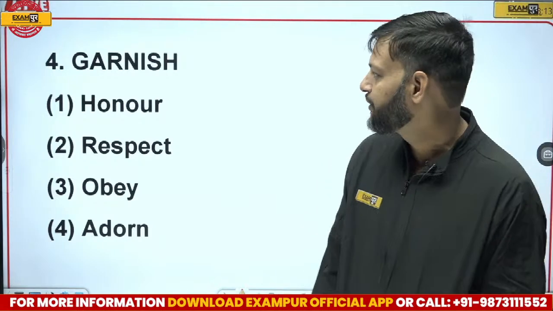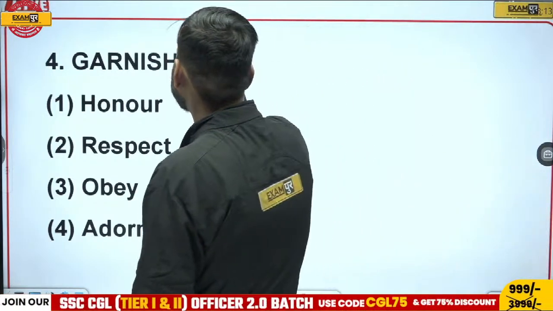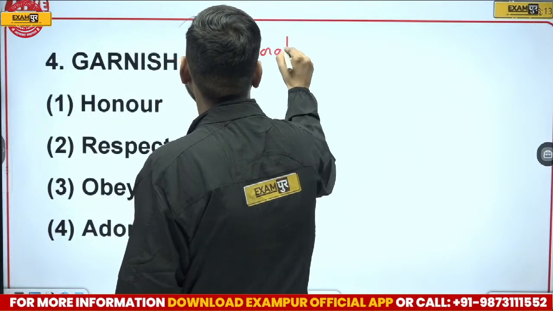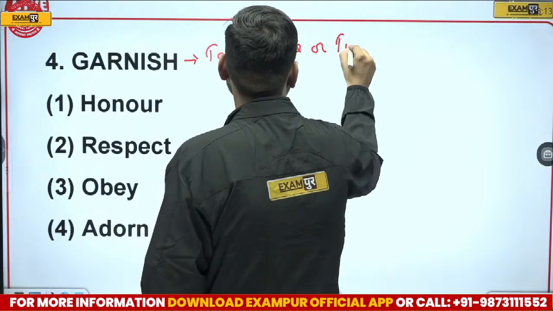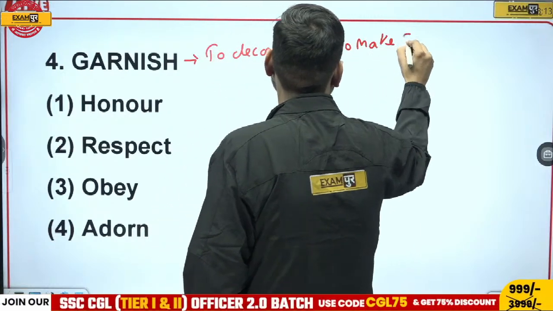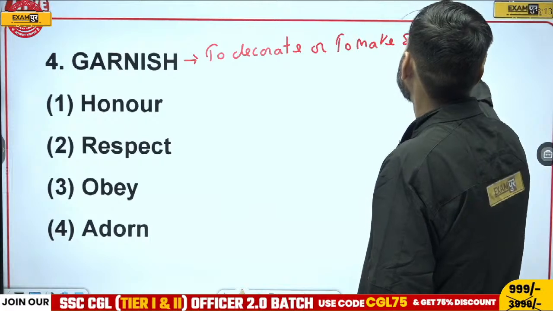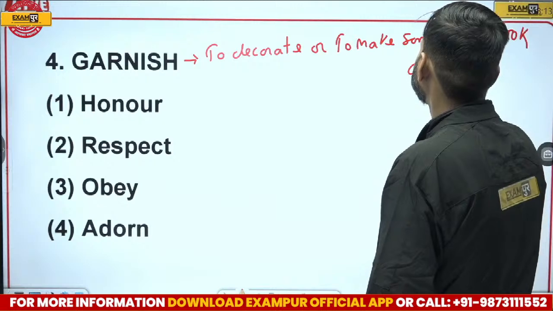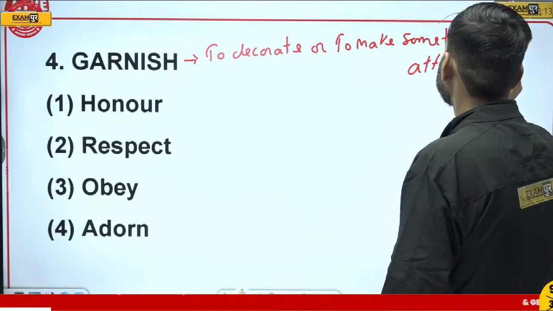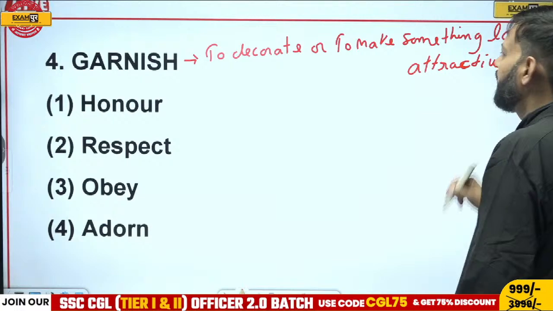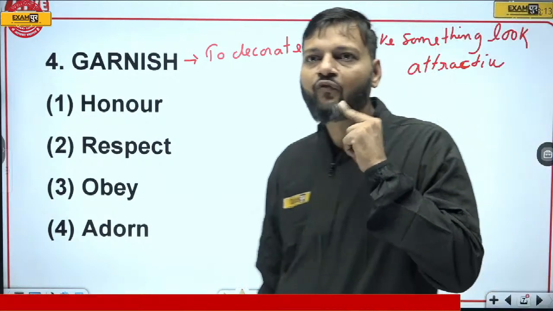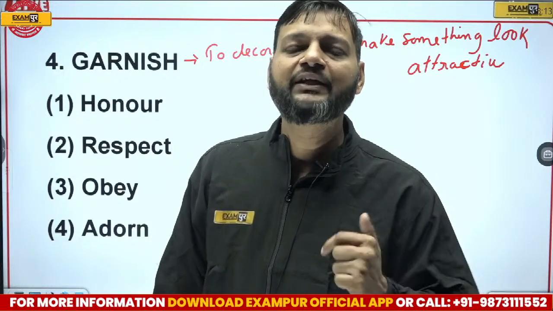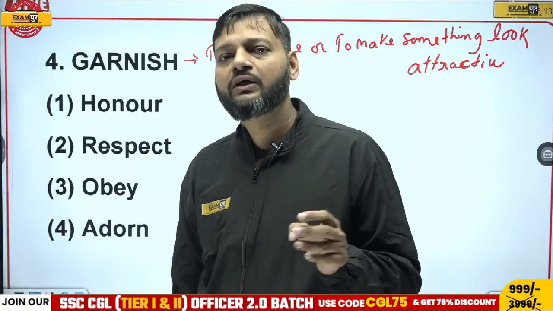Okay, garnish. See, garnish means to decorate or to make something look attractive. Okay, when we make something look attractive, when we beautify something, when we decorate something, it is called to garnish.